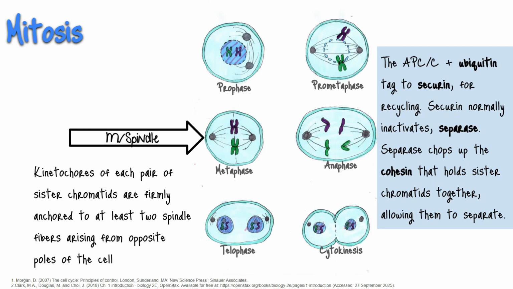Securin normally binds to and inactivates a protein called separase. When securin is sent for recycling, separase becomes active and can do its job. Separase chops up the cohesin that holds sister chromatids together, allowing them to separate. So that separation will happen in anaphase, but the checkpoint is in metaphase.